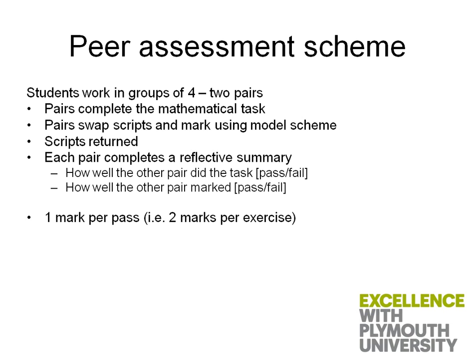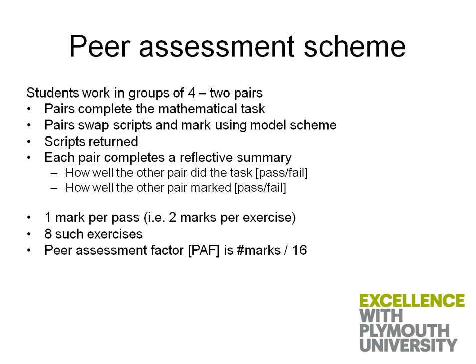So they get 1 mark per pass, so obviously that's 2 marks per exercise. In 2010 and 11, I had 8 such exercises. So we then generate what I call a peer assessment factor, which is the number of marks that any student has accumulated divided by 60.